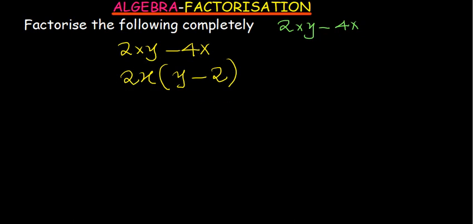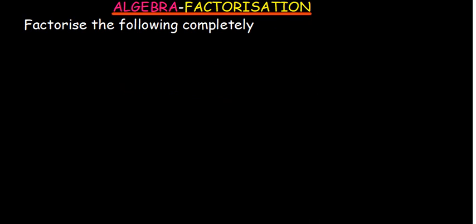So imagine, let's say we've got another question. They ask us to factorize completely, and we have got, let's say, 2xy minus, let's say, 4x, and then plus, let's say, 9x minus 3xy.